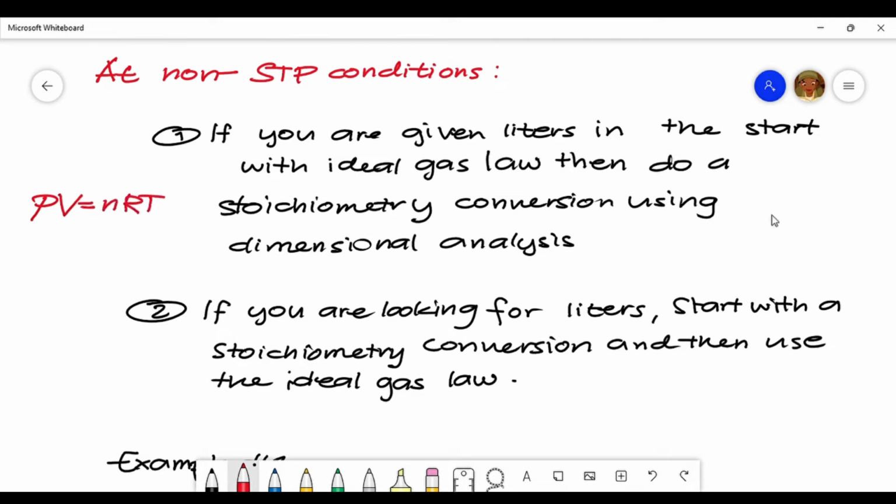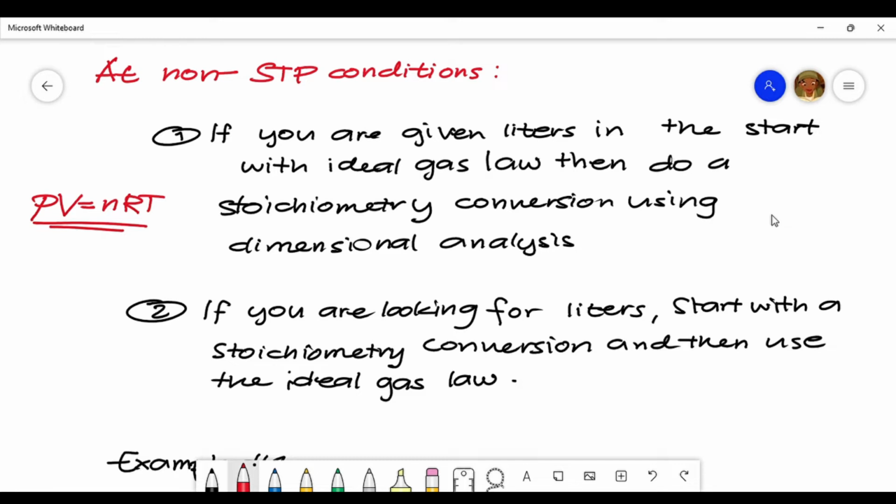You can check this in your module as well. It's a prerequisite topic before proceeding to gas stoichiometry. The first note is, if you're given the liters at the start with the ideal gas law, then do a stoichiometric conversion using dimensional analysis. So this is pretty simple.